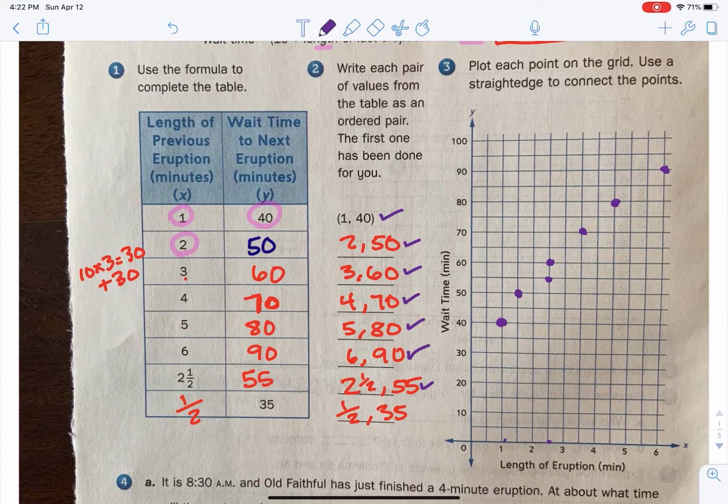Then we have half, should be here, 35. Half would be 35. Let me double check this. 2.5, 55. Looks like this is off just a little bit, but I'm going to draw my straight line.